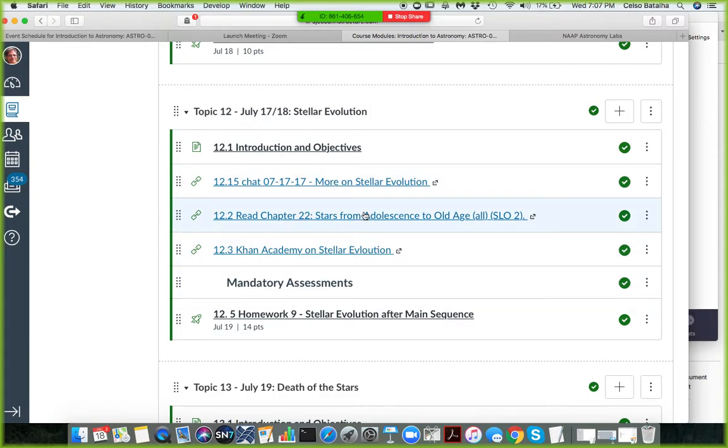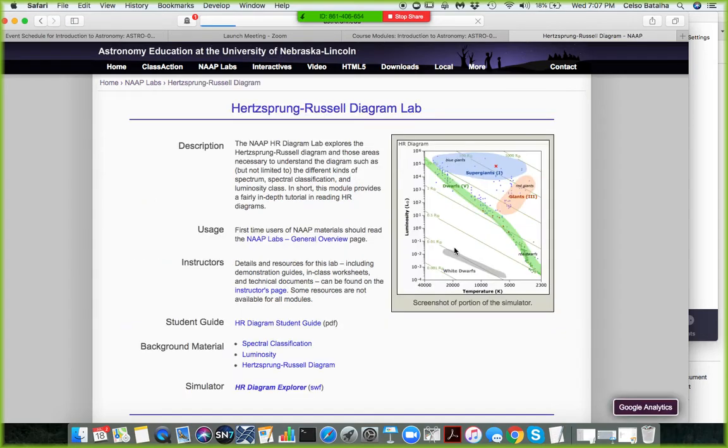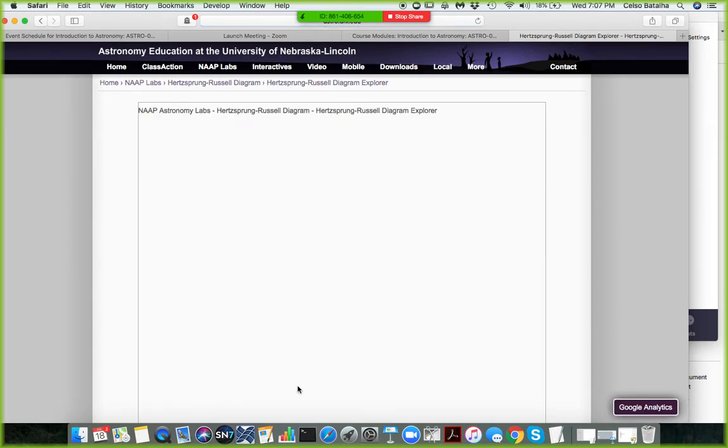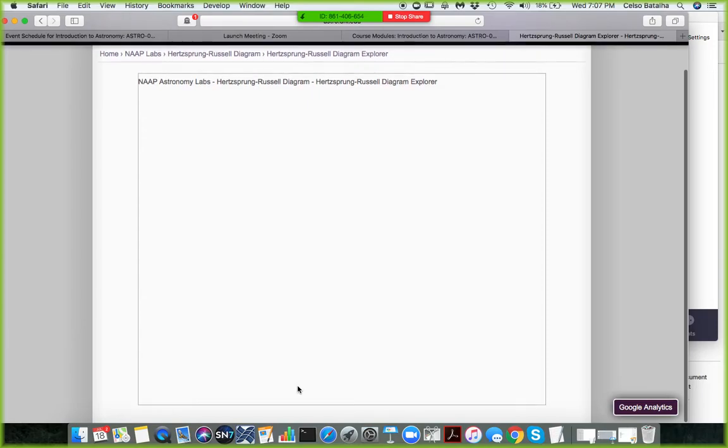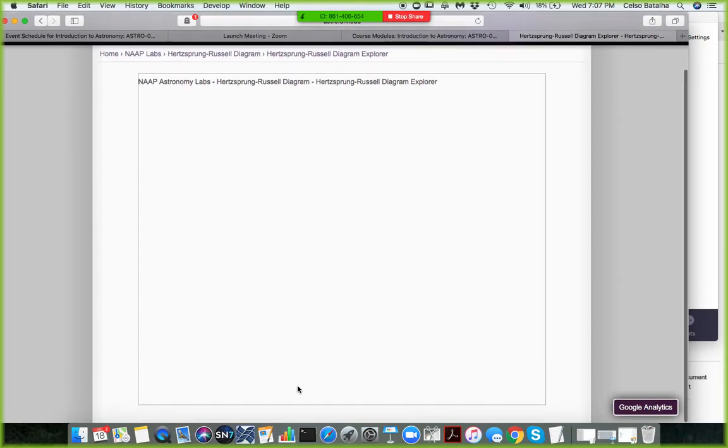The HR diagram, or Hertzsprung-Russell diagram, is one that relates luminosity and surface temperature, and I like to use the Nebraska applet, the Hertzsprung-Russell diagram, and let's bring it in.